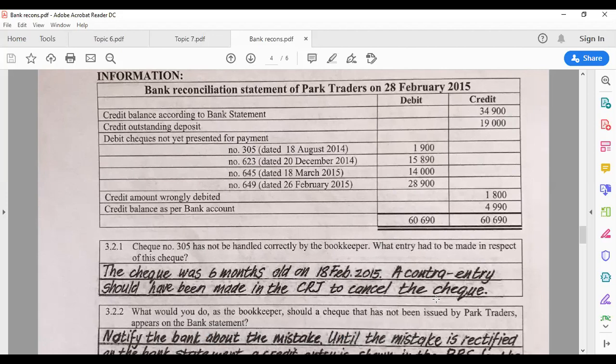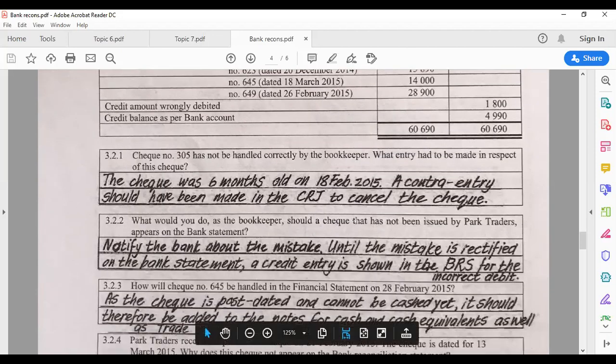So if the check was within the last 6 months, that's fine. But anything after 6 months, we say the check is outdated and no longer valid. So no one can present it for payment anymore. Okay, so we need to now reverse that entry that we made. Okay, and so that's why they talk about a contra entry that should have been made in the CRJ.